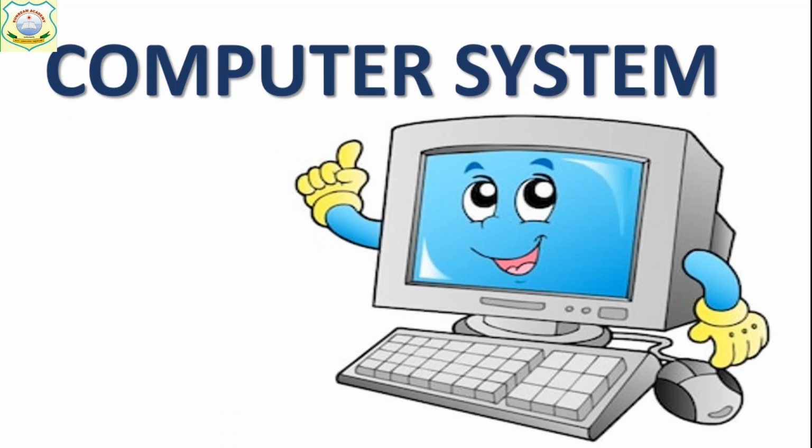Now come to the next point, that is computer system. Before starting computer system, I just want to share one thing: as I told you earlier, keep your lab neat and clean, and respect the things on which you are working, means the computer, don't damage it.